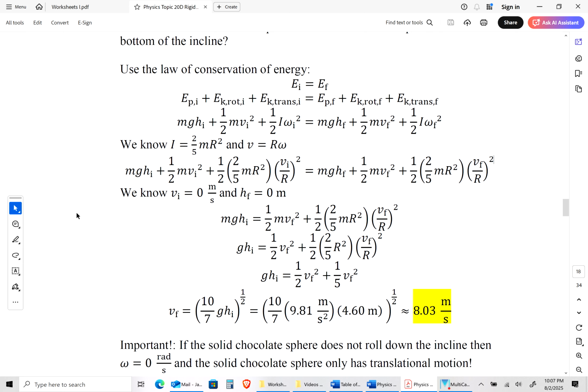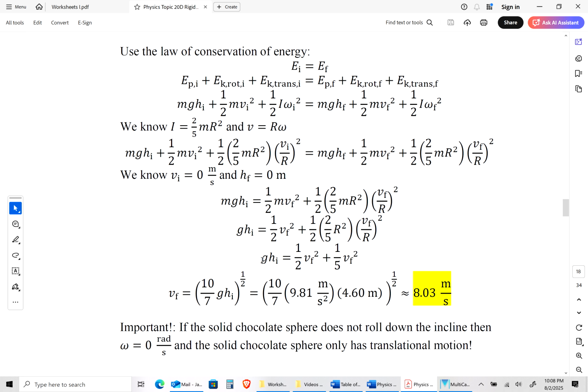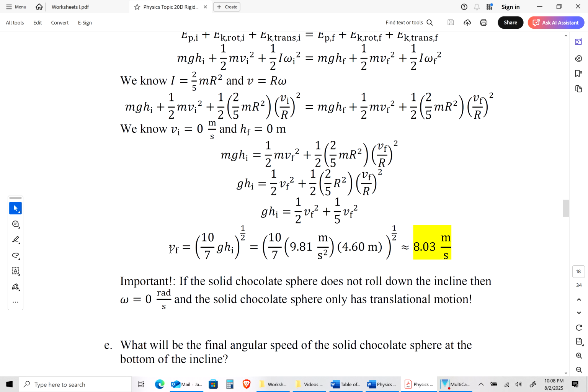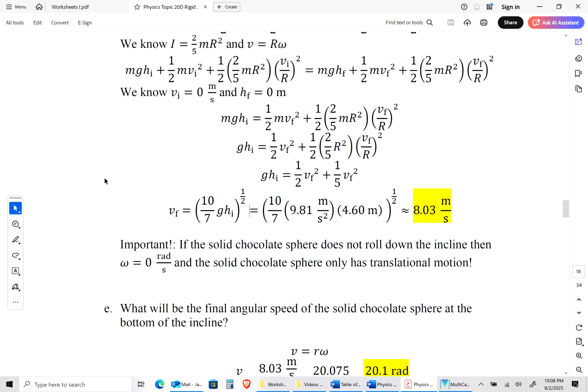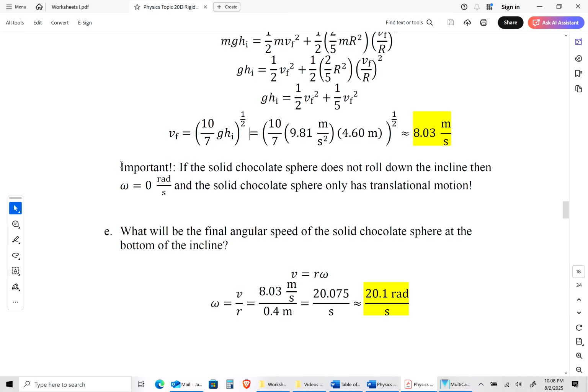V initial equals 0 and H final equals 0. So plug that in also. So using algebra, we end up getting this equation, and we can solve for V final. And we get a value. This is important.